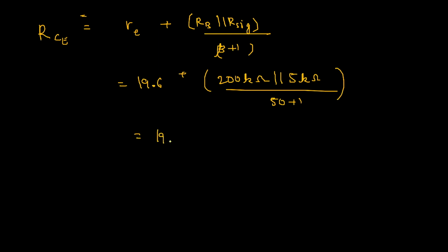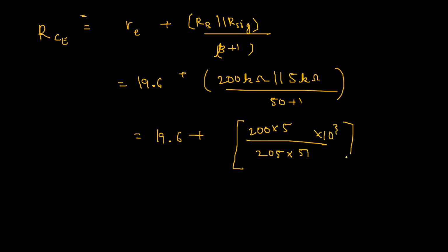So that gives me 19.6 plus 200 into 5 divided by 205 into 51 into 10 to the power 3.